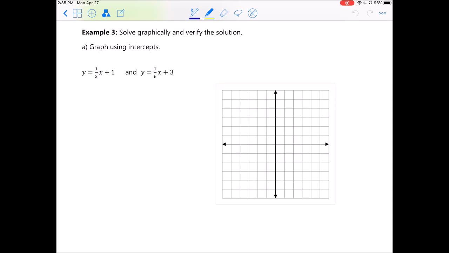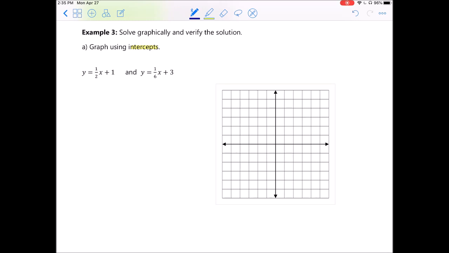All right, now moving on to example 3. Solve graphically and verify the solution. And this time they want us to use intercepts. Let's take a look. So there's two equations also in slope-intercept form.